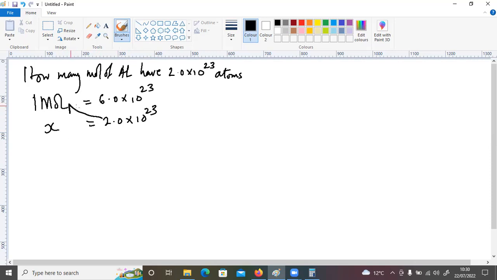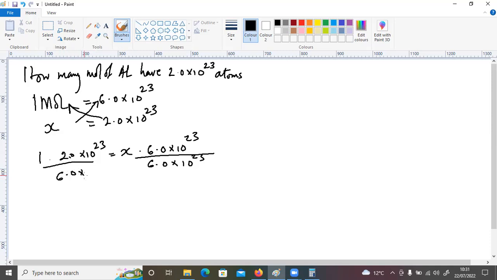So I cross multiply, don't get confused. I get 1 mole multiplied by 2.0 times 10 to power 23 is equal to x multiplied by 6.0 times 10 to power 23. I want to make x the subject of the formula, so I divide both sides by that amount. Whatever you do on the left hand side, do it on the right hand side.